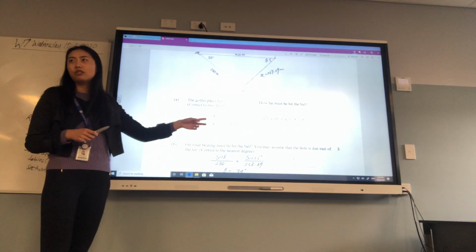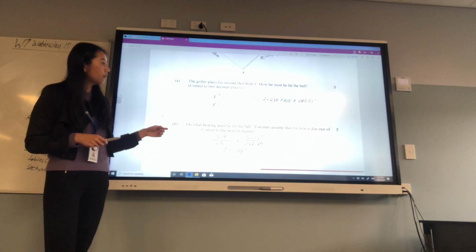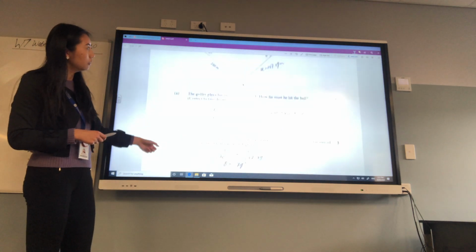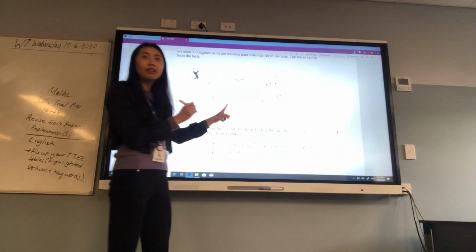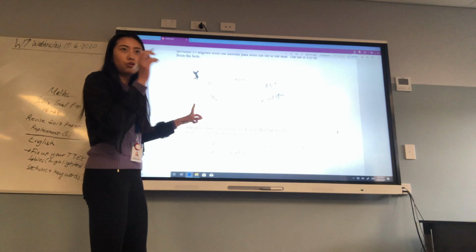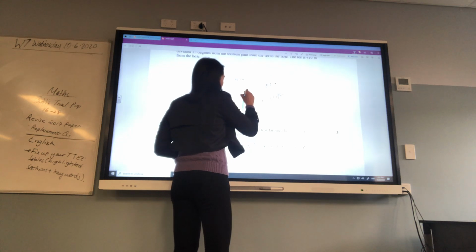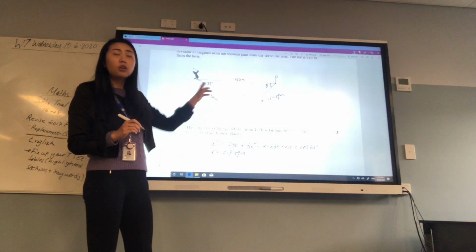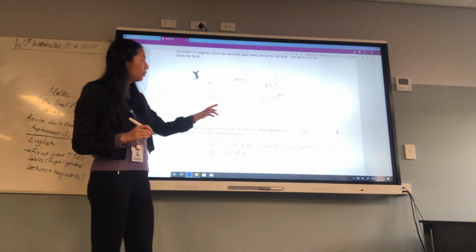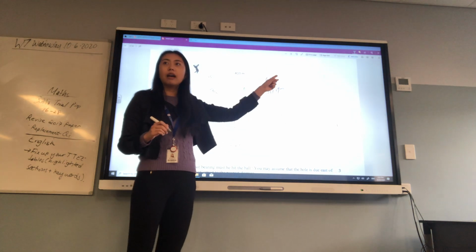So the first one is just cost rule. You'll get 257.89. And then the second one says, on what bearing must he hit the ball? The ball is right down here, and he will be standing right there to get to the goal, right? So the bearing should be from true north to this one here. And you already have enough measurements to find either this angle here, the big angle, or theta. I found out theta.